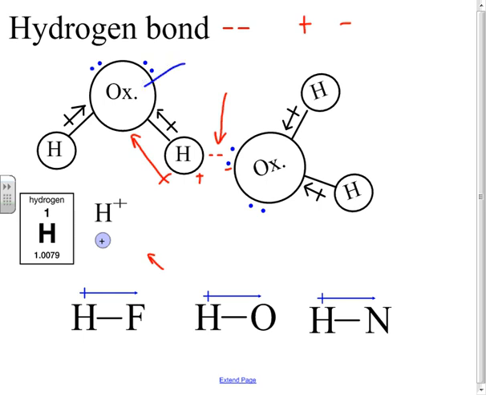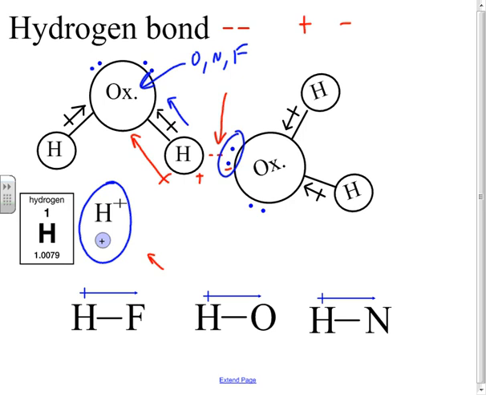If this element is a highly electronegative element, an oxygen, a nitrogen, or a fluorine, it will pull the electrons enough away to make this hydrogen atom act more like the ion, more like a proton, something that is very small without any electrons around it, which allows it to get very close to this unshared pair of electrons, making that a very strong type of dipole interaction, or what we call a hydrogen bond.